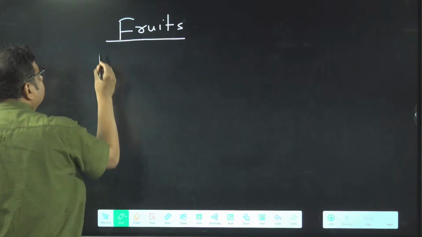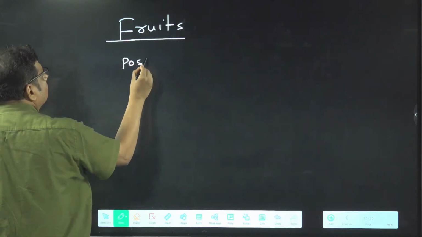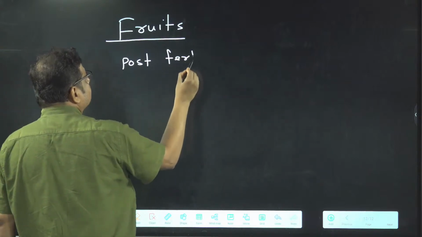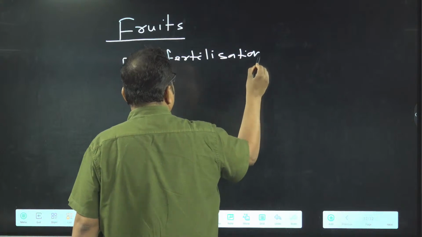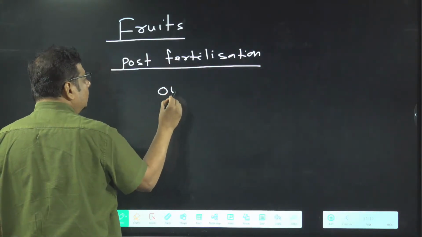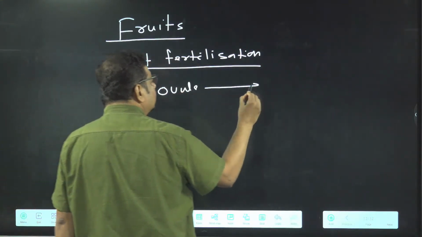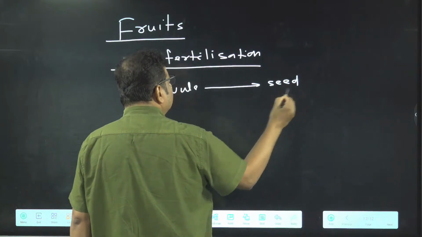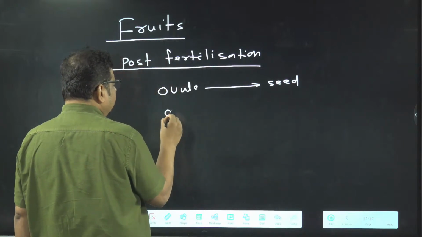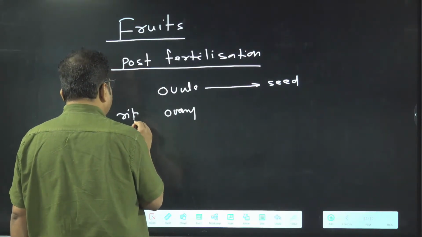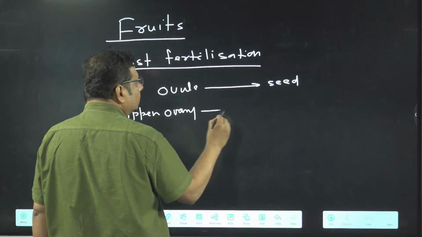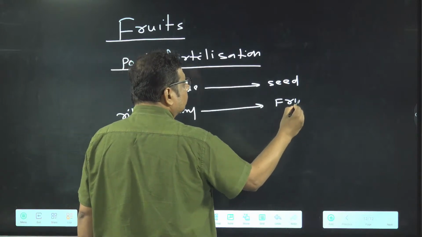So what happens post fertilization? Post fertilization, the ovule is converted into seed, and the ovary, or we also say the ripened ovary, is called which one? Fruit.